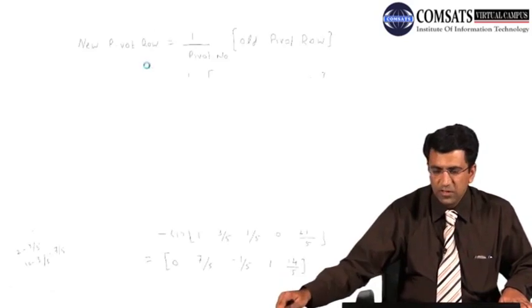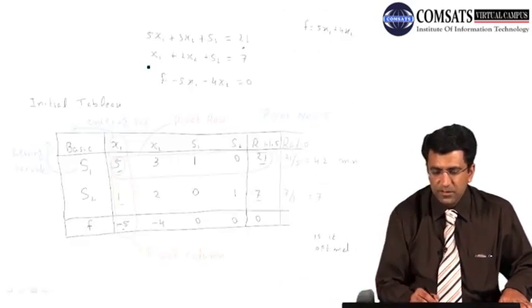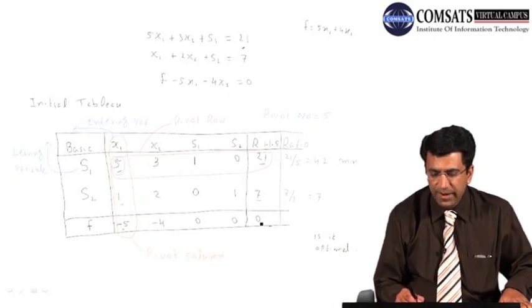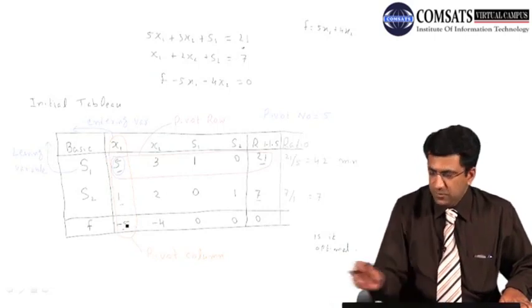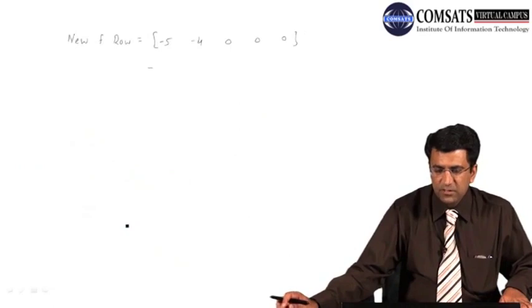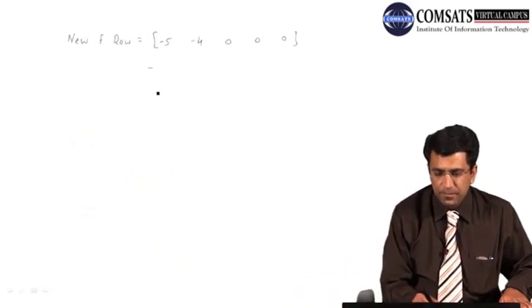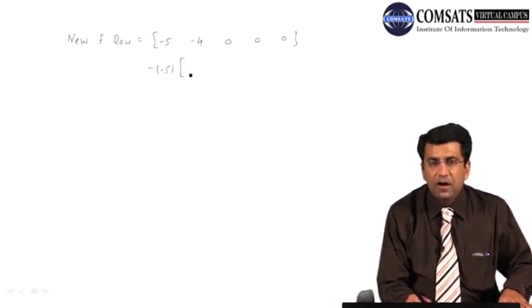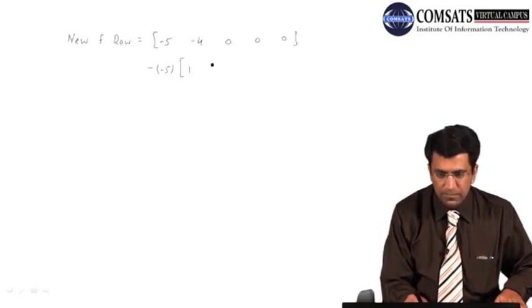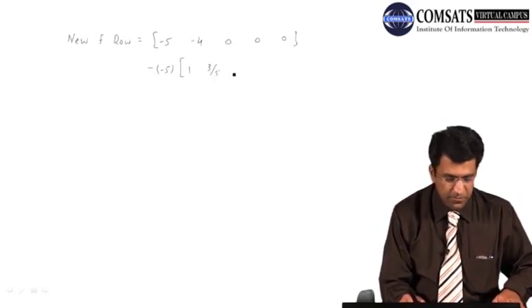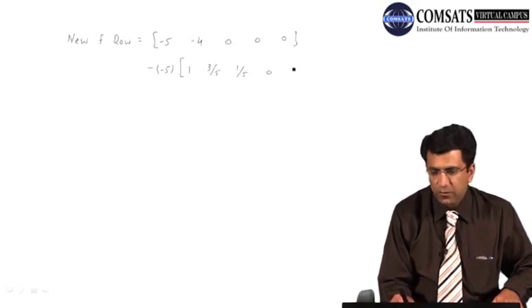If we go to the initial table, this is our objective function, and the corresponding pivot column coefficient here is minus 5. So that's why we are taking this value as minus 5. And again our new pivot row, which we have just computed, that is 1, 3 by 5, 1 by 5, 0 and 21 by 5.